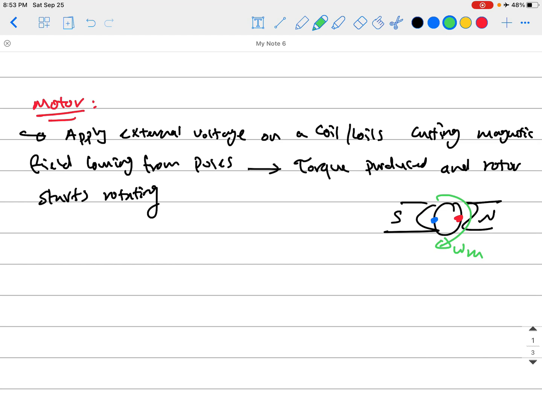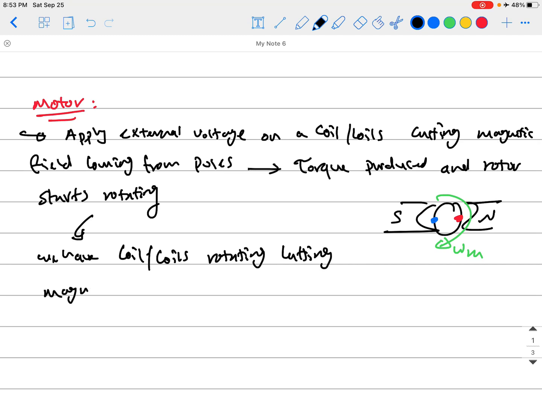By this means, while it rotates, we have a coil or coils rotating, cutting a magnetic field.